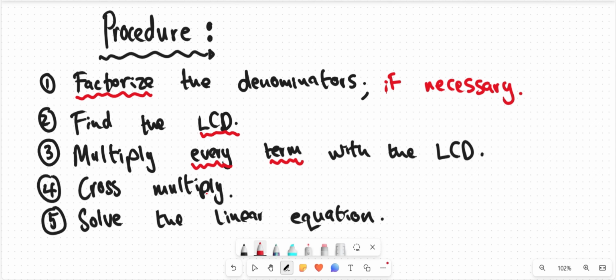Everything in that equation needs to be multiplied by that LCD. And at that point, once you've done your cross multiplying, your fractions should always go away. Then you just need to solve that linear equation that you have in front of you. So if you follow all these 5 steps to the T, you should be good with fraction equations.